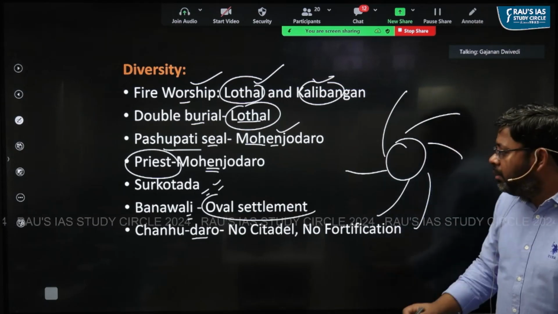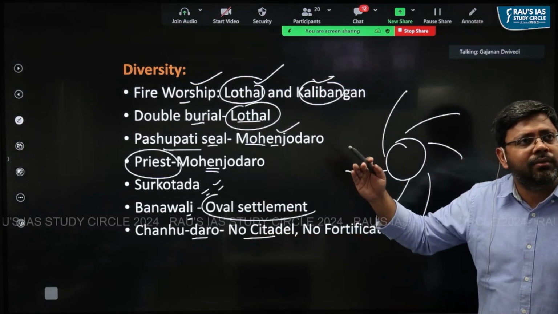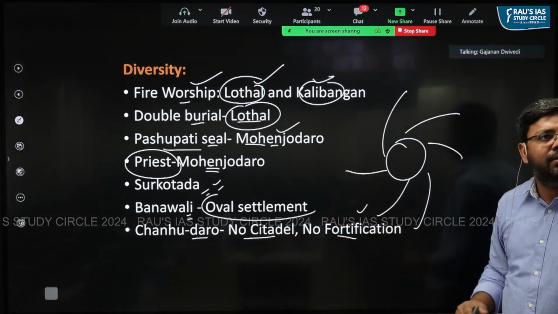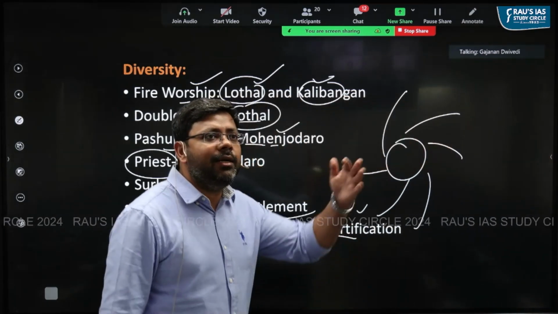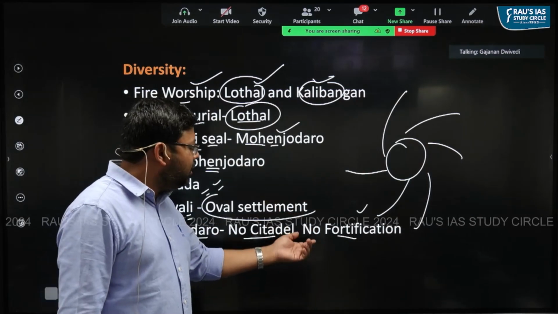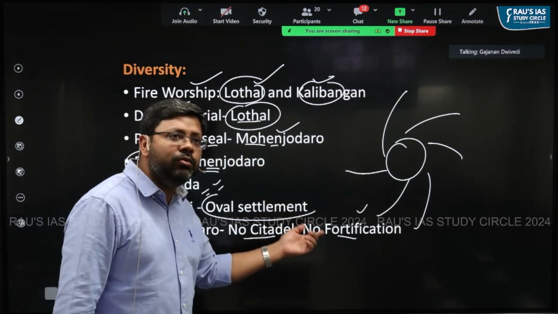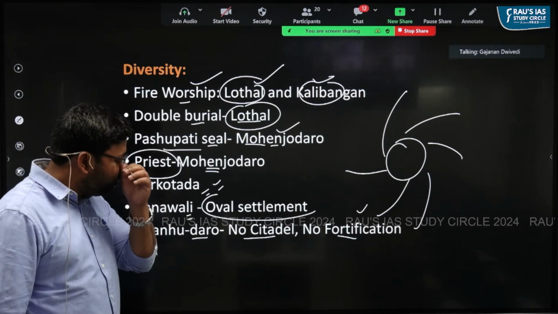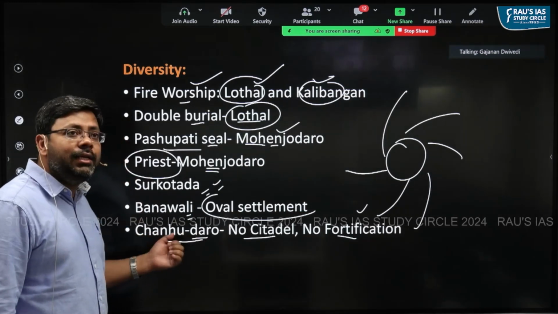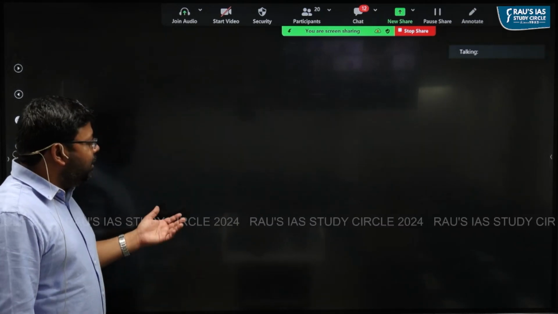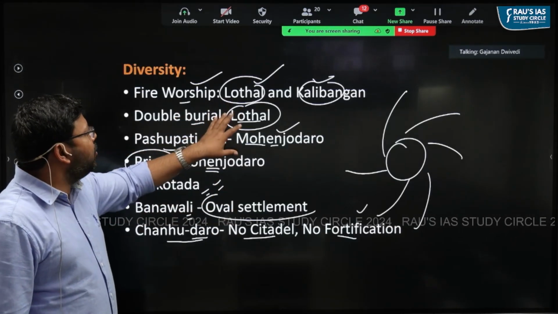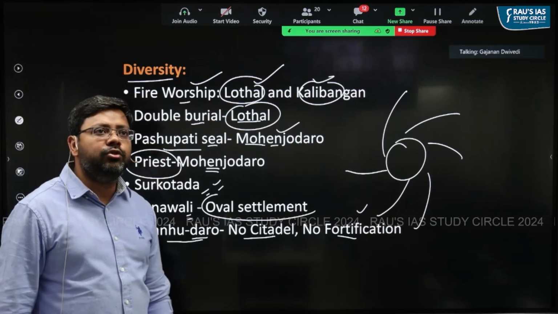Ancient, there is no citadel, no upper town, and there is no fortification. How are Harappan towns divided? Upper town, lower town, no? And fortification is there. There is no fortification, no upper town, no lower town. Don't you think that then certainly Chanhudaro is an exceptional finding? Then, if you talk about so many uncommon things, they would show diversity.